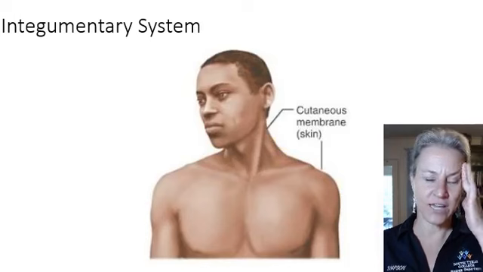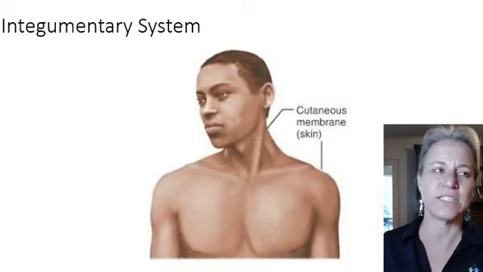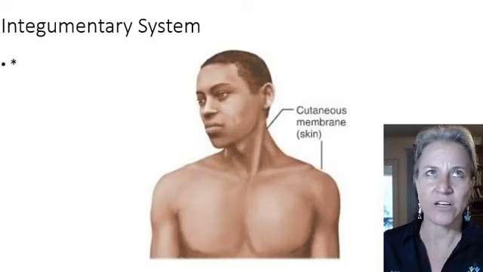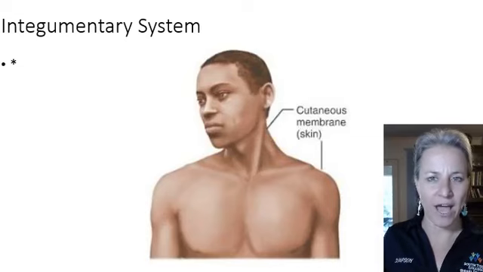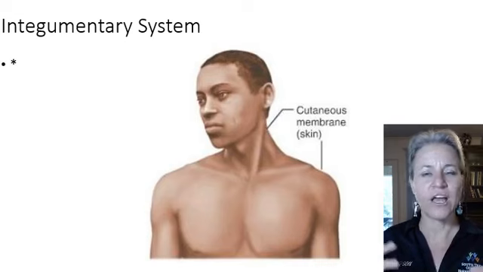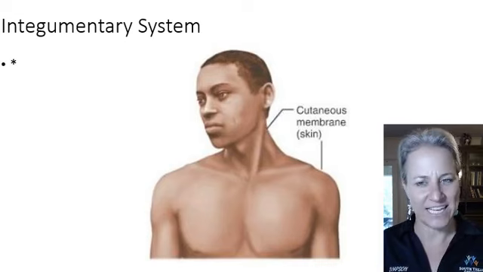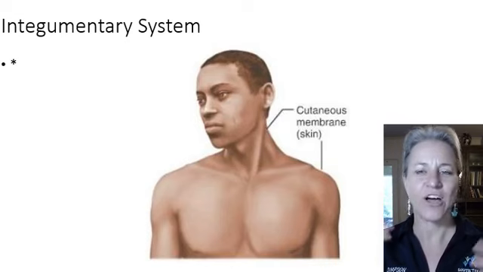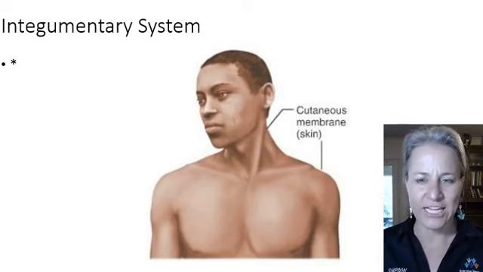First, I want to tell you the integumentary system is the system of the skin. The skin is the largest organ of the body. The largest organ inside the body is the liver, but the largest organ of the body is the skin, which is also referred to as your cutaneous membrane, your outer covering.